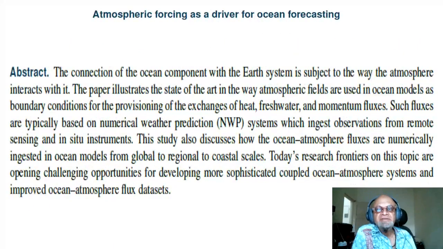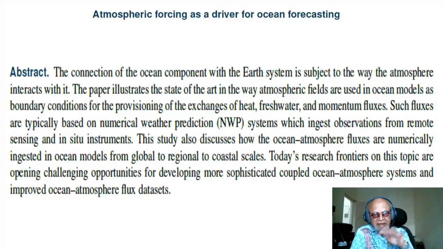Okay, atmospheric driving, atmospheric forcing as a driver. As we said, a lot of times the oceans are forced when they are doing ocean prediction, but we'll see some coupled forecasts in a minute as well. But you need winds, and you need sensible heat in some way, latent heat, long wave, and of course solar radiation.